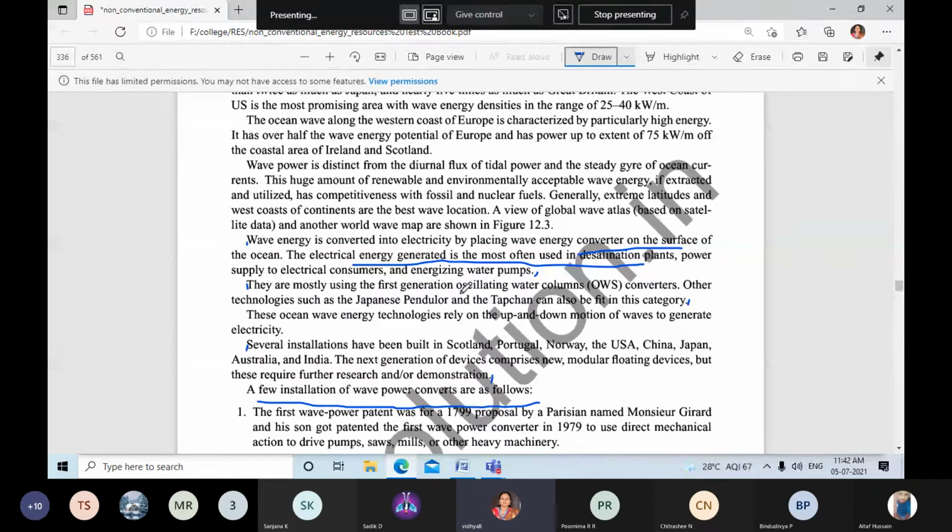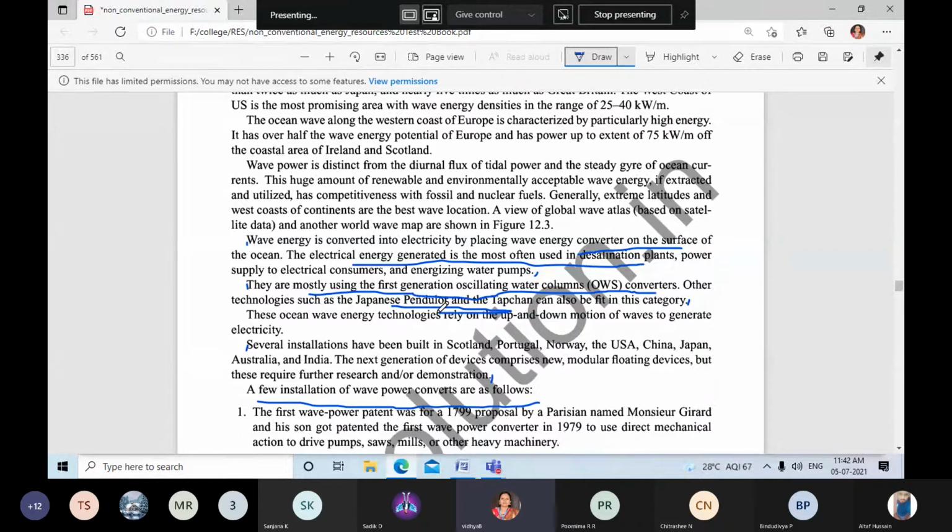Mostly the first generation oscillating water column converters are used. Other technologies, such as the Japanese pendular and the Tapchan, can also be fit in this category.